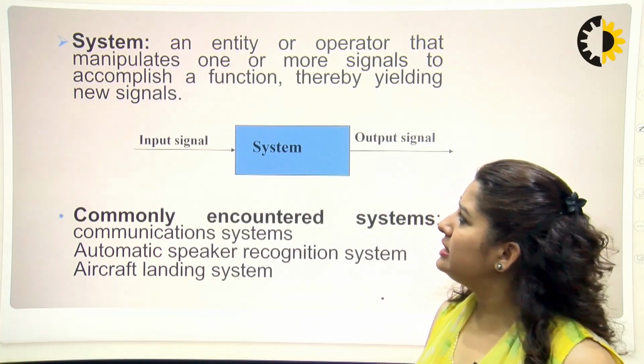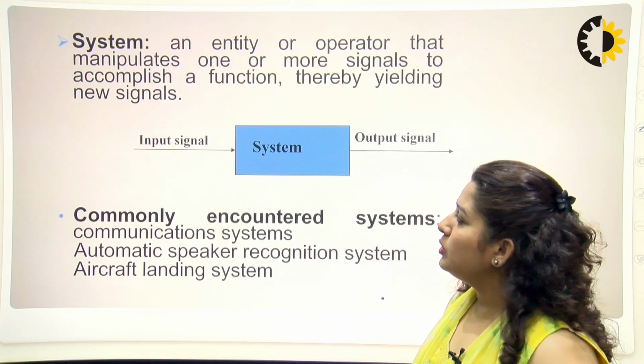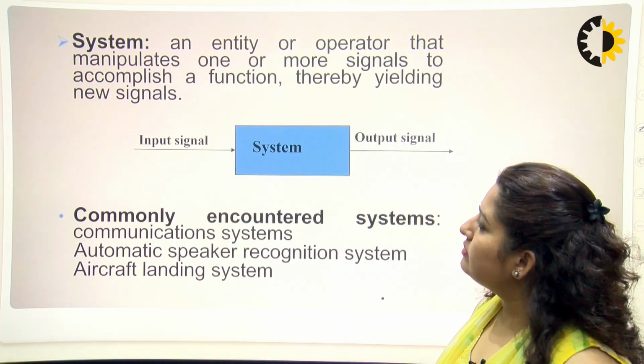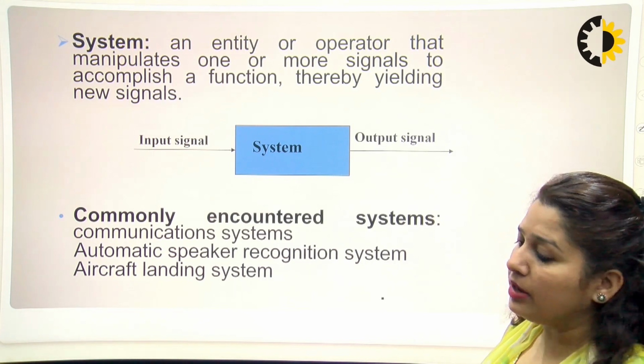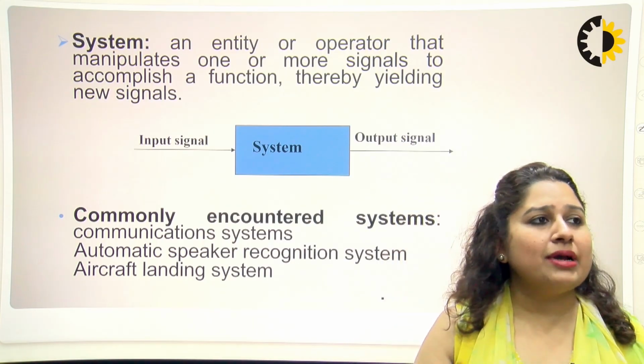Now the system is a very important part of this course, because without a system we cannot see the response of the particular signal applied to it. A system is an entity or operator that manipulates one or more signals to accomplish a function, thereby yielding a new signal.